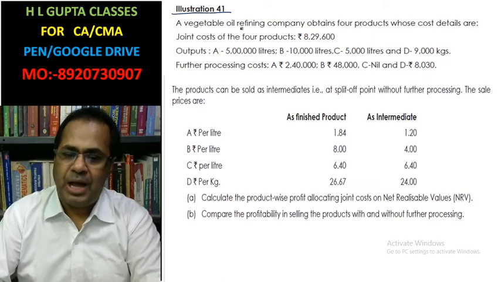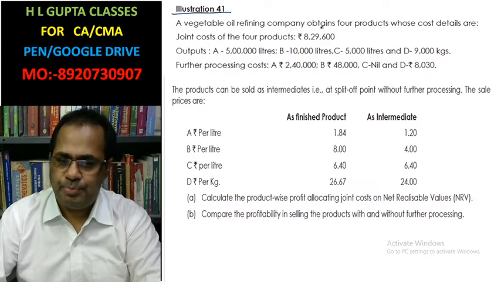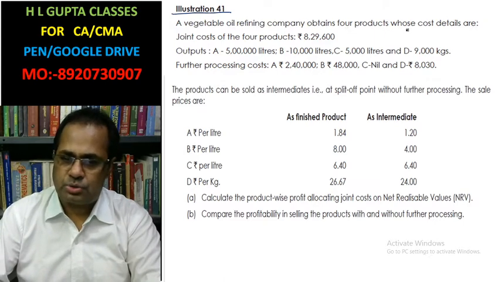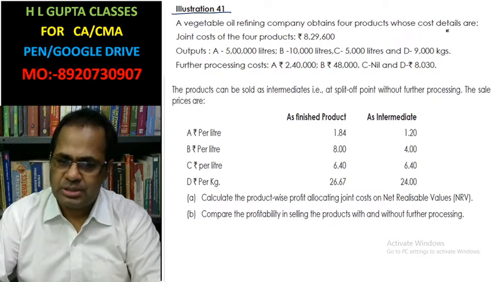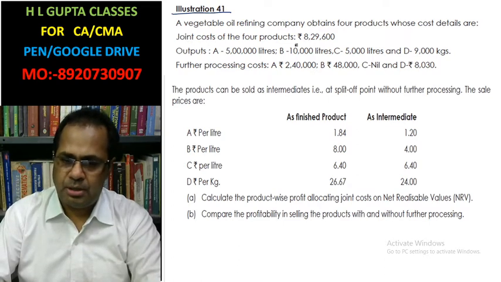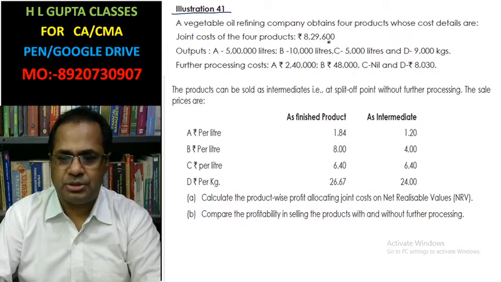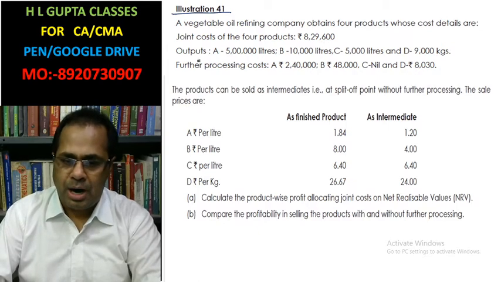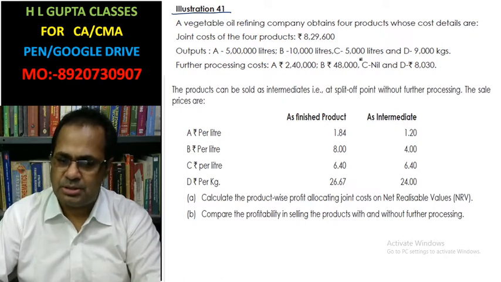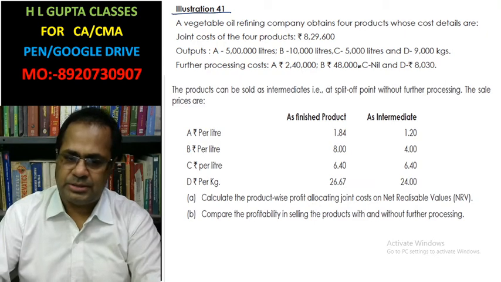A vegetable oil refining company obtained four products whose cost details are given here. The joint cost of the four products is 8,29,600. Output: A 5 lakh liters, B 10,000 liters, C 5,000 liters, D 9,000 kgs.